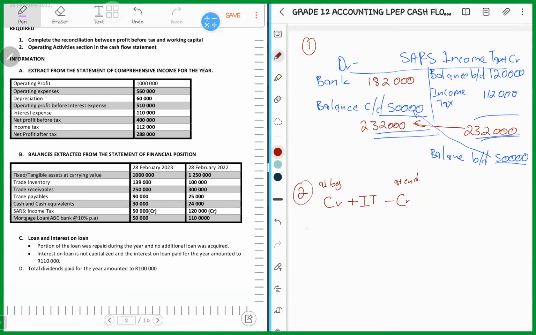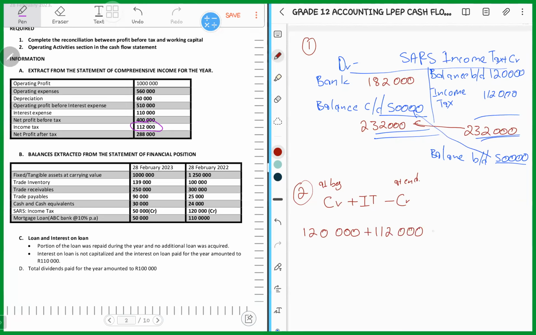Now at the beginning, the SARS income tax had a credit balance of 120,000. Then remember here we have to add the income tax, which stands for IT. And our IT from the statement of comprehensive income is 112,000. Then we're going to say plus 112,000.